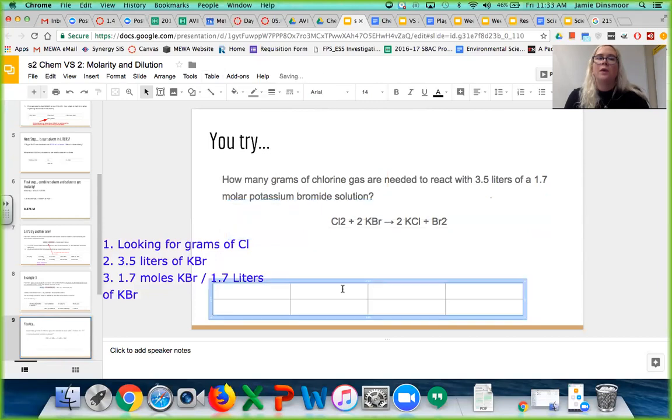So what do you guys think we will start with? Looking at what we know, we can't start with chlorine because we don't know that. Are we going to start with liters or are we going to start with molarity?